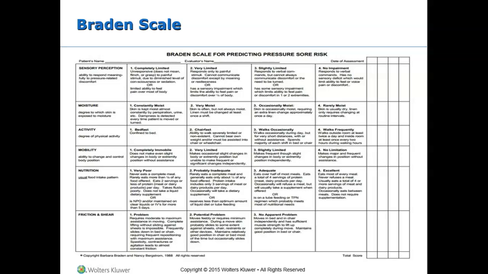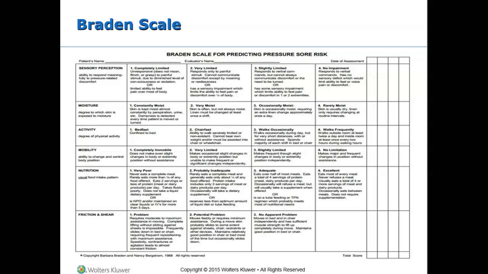And then you pick. And then you have moisture. Are they constantly moist? Because they are diaphoretic and they are incontinent, and maybe they have extreme edema that is weeping, that is constantly moist. Versus, are they rarely moist? Their skin's usually dry. They only have to have their linen changed at routine intervals, not like 10 times a day.